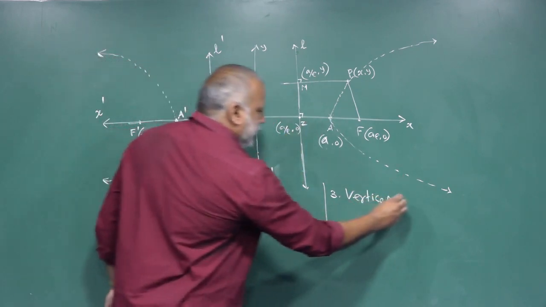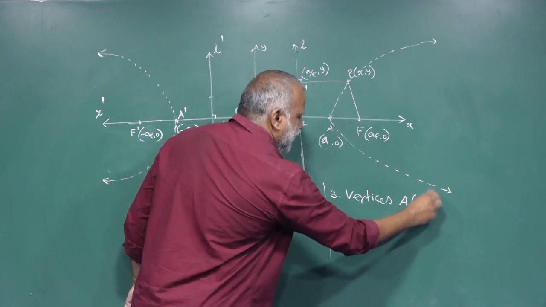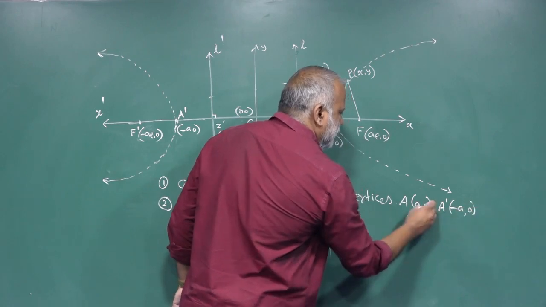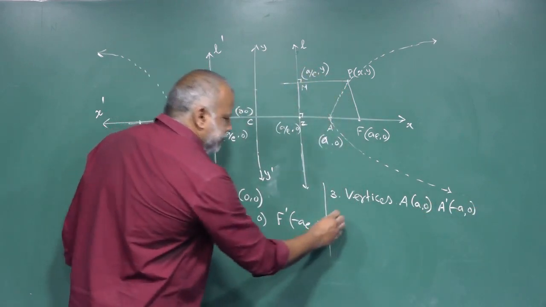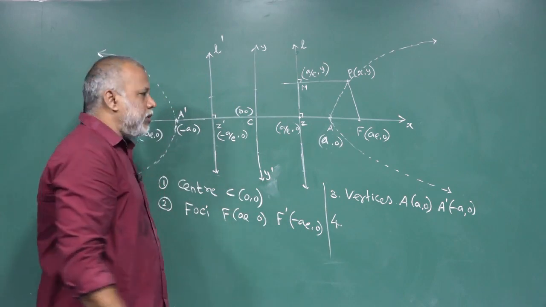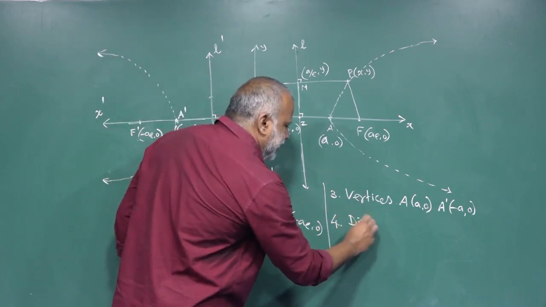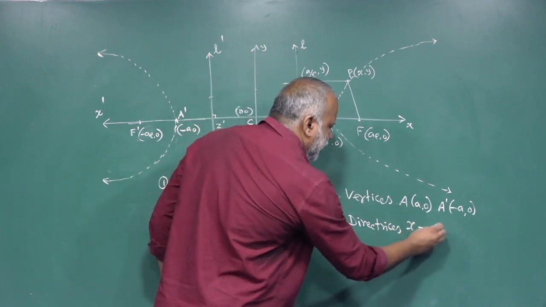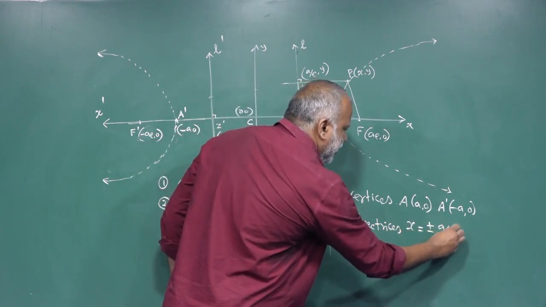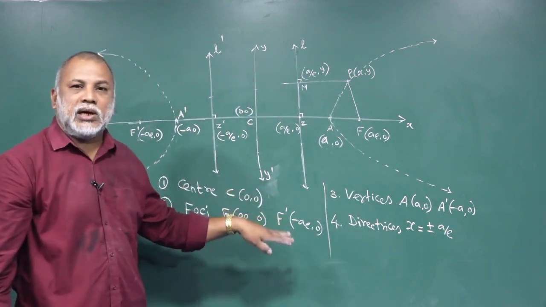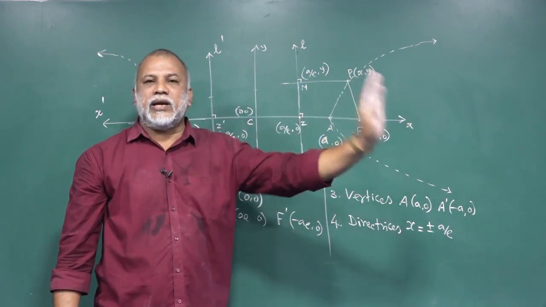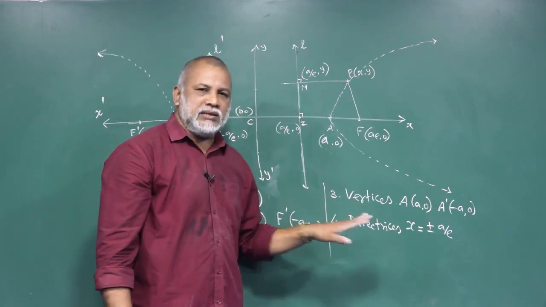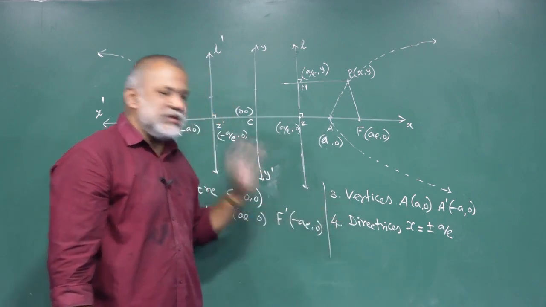What are the values? A is (a, 0), then A dash is (minus a, 0). These are the vertices. Then point number 4, equation of the directrices: x equals plus or minus a by e. These 4 results are the same as in your ellipse. Same only: center, foci, vertices, directrices. No change in these 4 results.